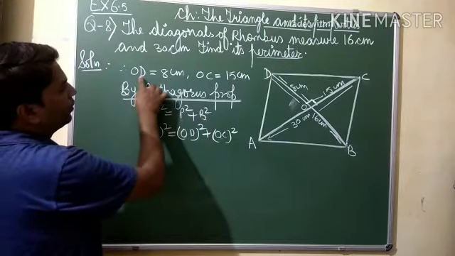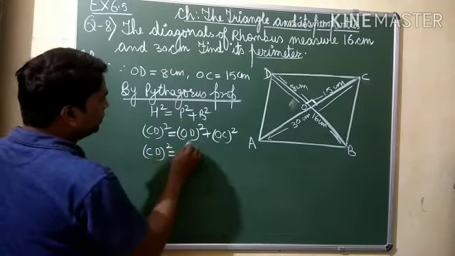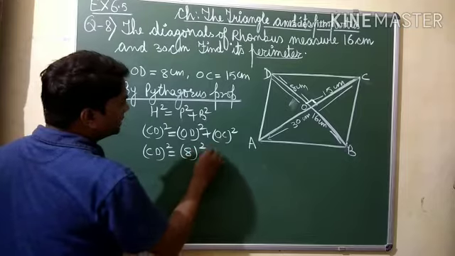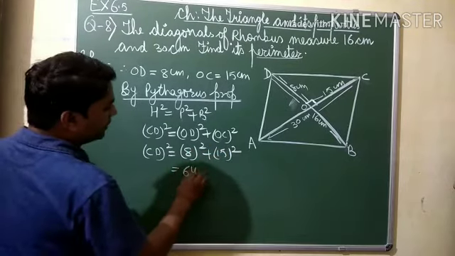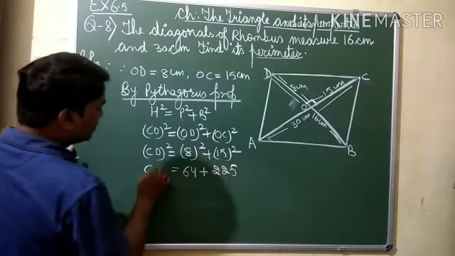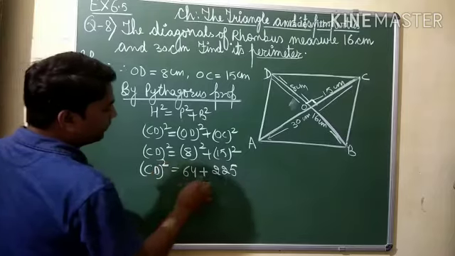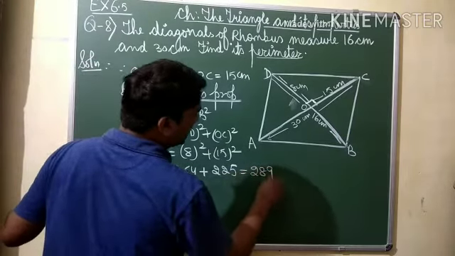So putting the value of OD and OC here, we get CD square is equal to 8 square plus 15 square. Now 8 square is equal to 64 and 15 square is equal to 225. So CD square becomes 64 plus 225, which is equal to 289.